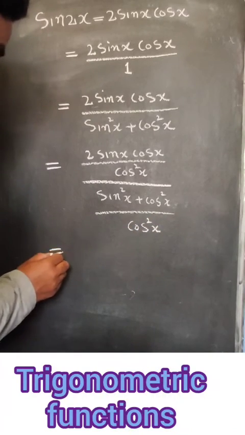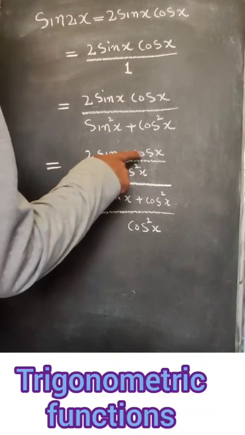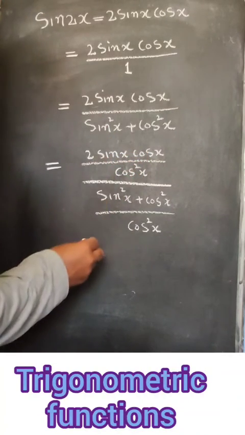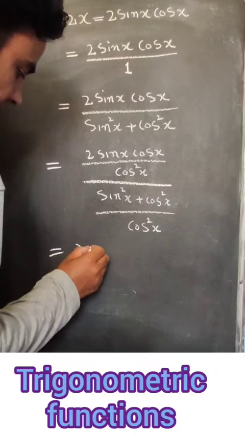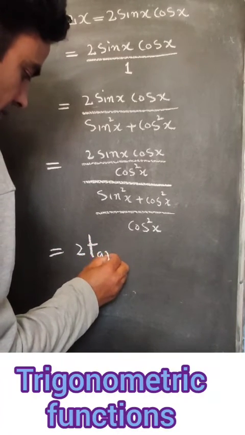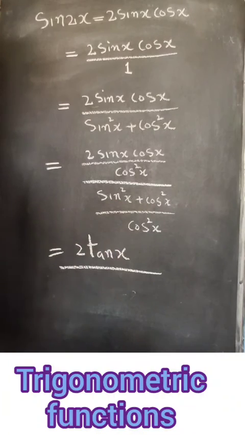That is equal to cos x by cos x, that is 1. Sin x by cos x is tan x. So you get twice tan x.